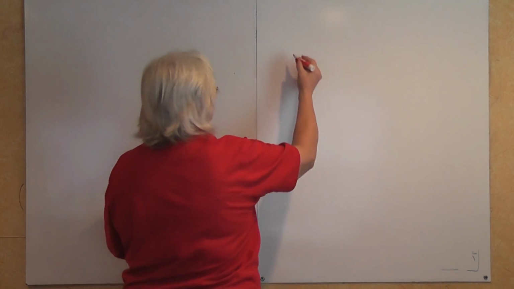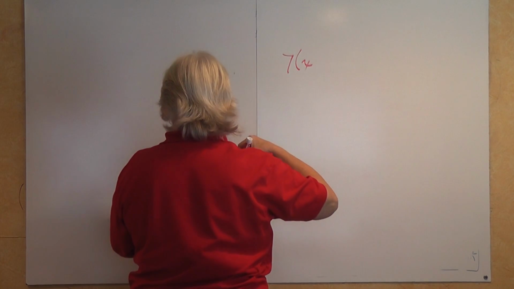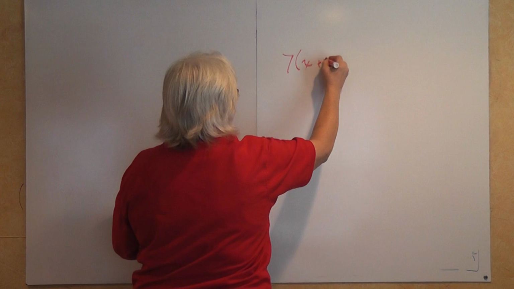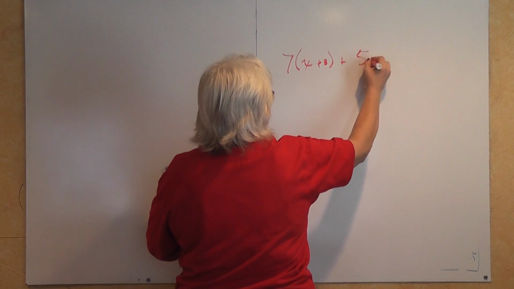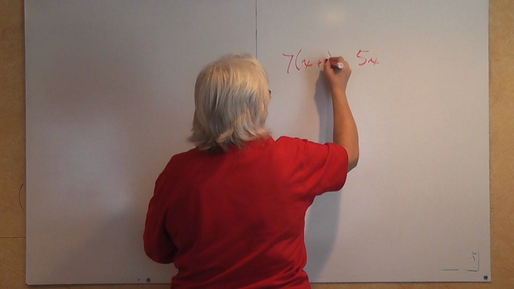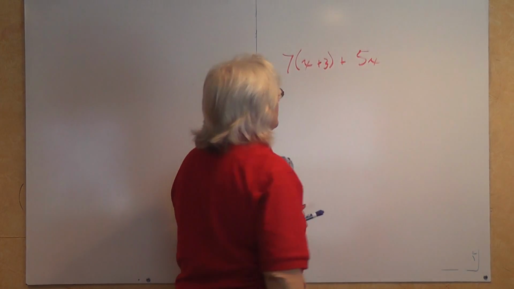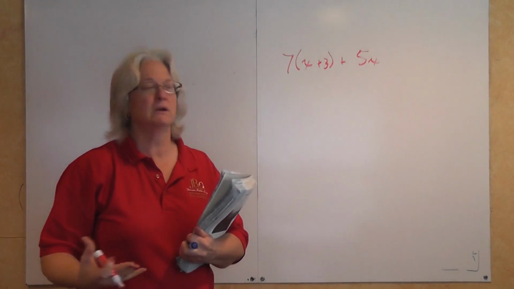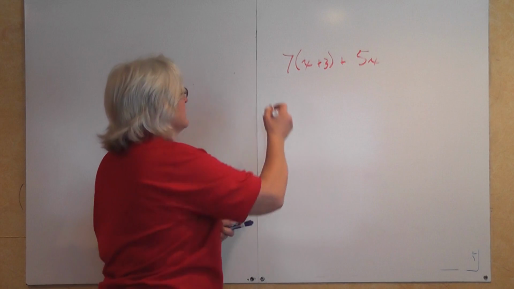Let me go ahead and take this expression here. I have 7 times the quantity x plus 3, plus 5x. Before we work with some equations, what if I said, let's simplify this?